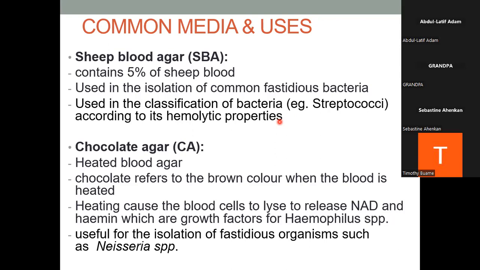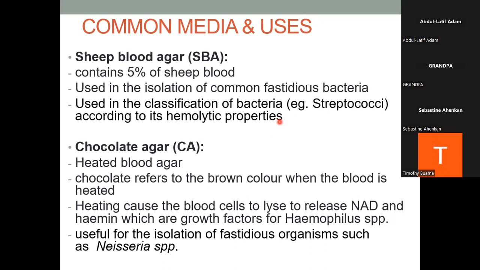And so they can ask you, even at the diploma level, which organism is classified based on its hemolytic properties on blood agar. And that will be what we call a streptococcus. That's why I put here, for example, streptococci.